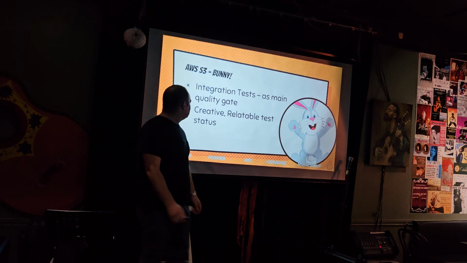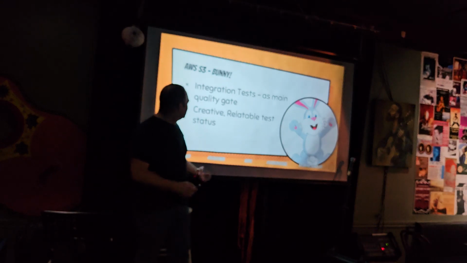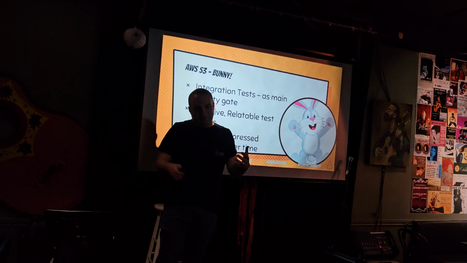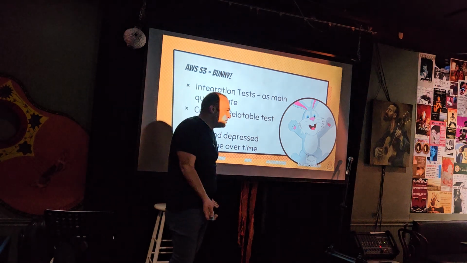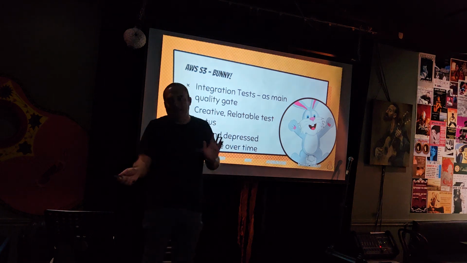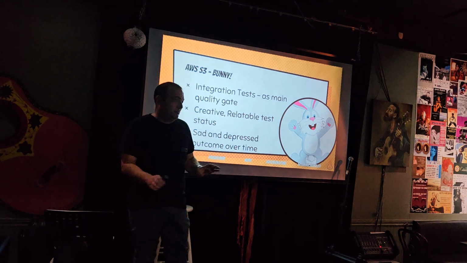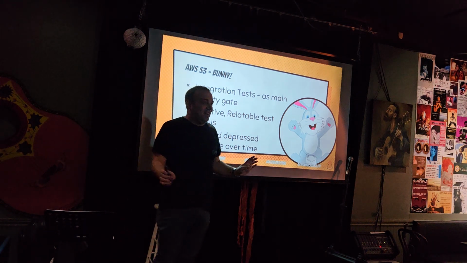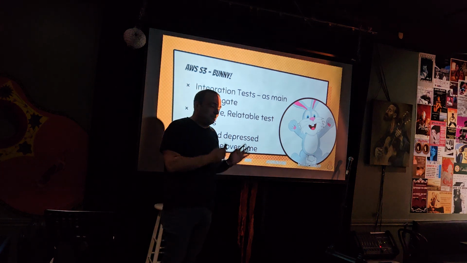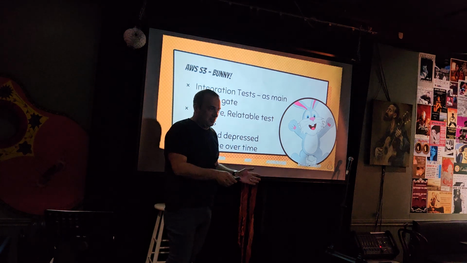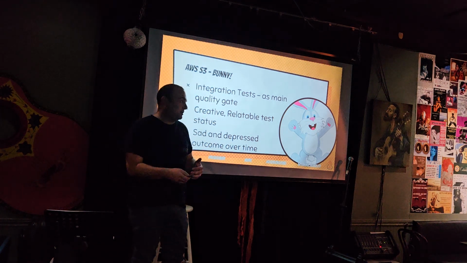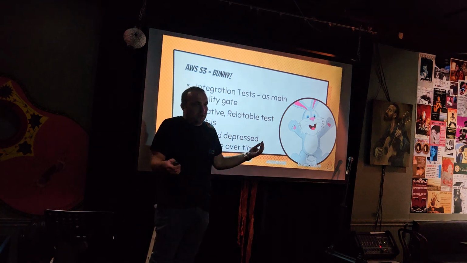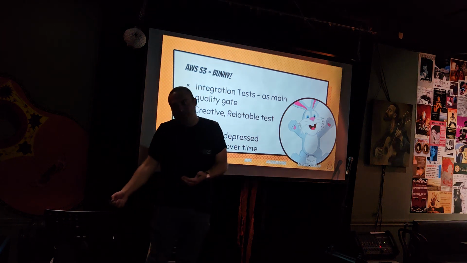But otherwise, and this was earlier times, a little less politically correct than today, the bunny would be bloody and massacred on the screen. The idea was, if less than 80% of our tests are passing, everyone has to rush and save the bunny, because the bunny is not feeling very well.